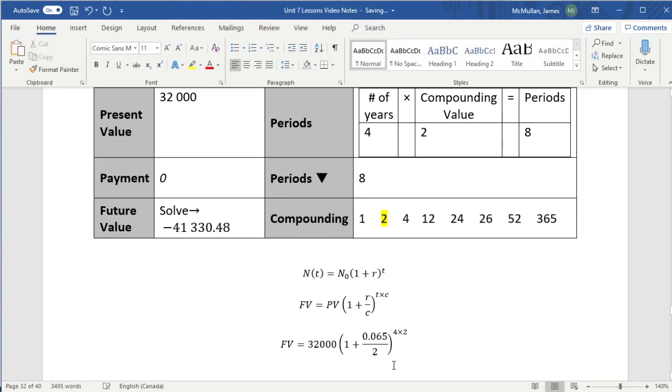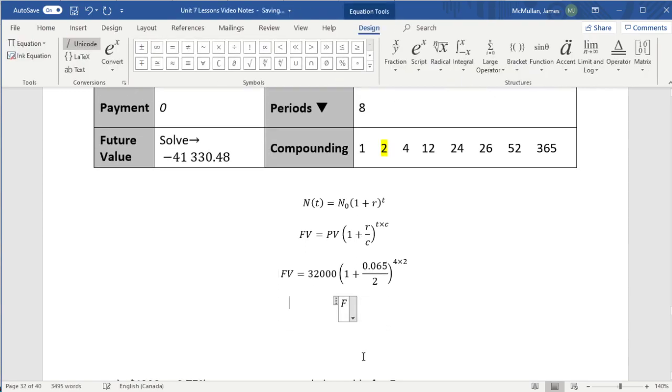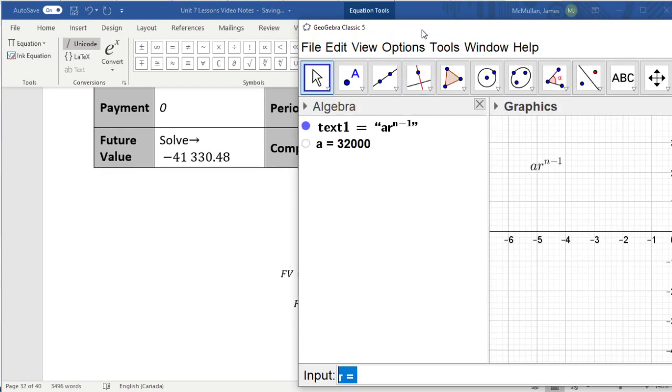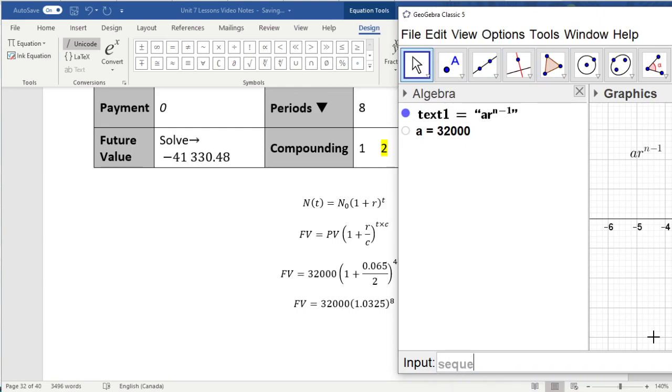So your future value would be 32,000 times 1.0325 to the power of 8. Now when you do that, I'm just going to make a quick sequence: 32,000 times 1 plus 0.065 over 2, to the power of n, where n goes from 1 to 8.